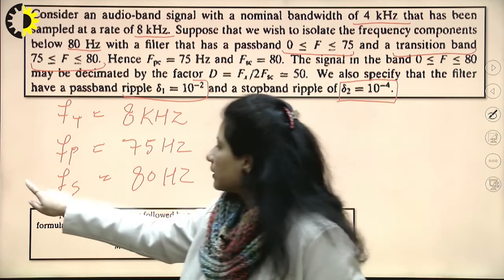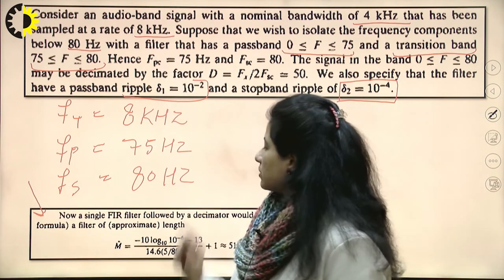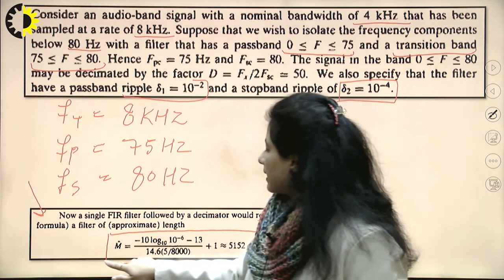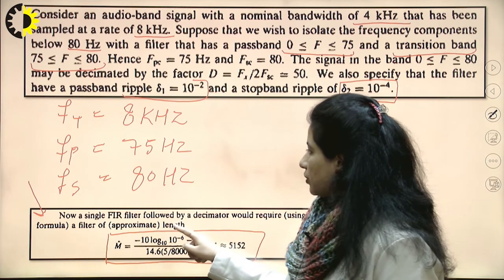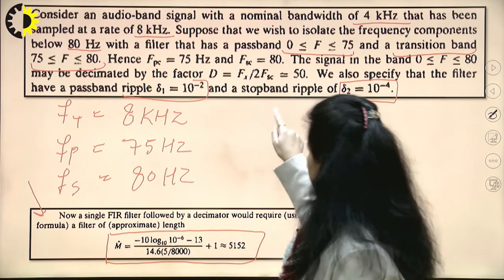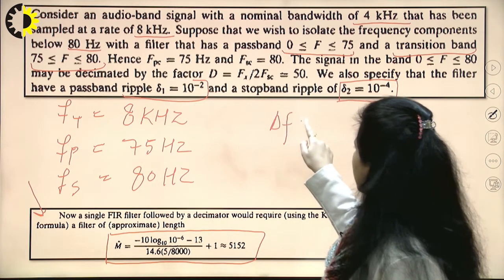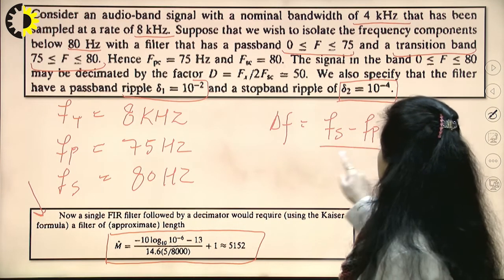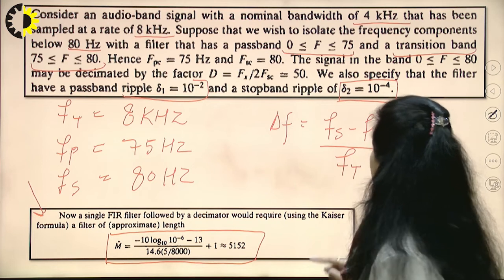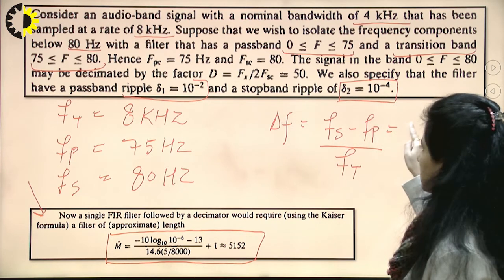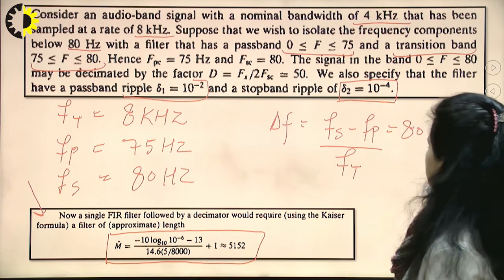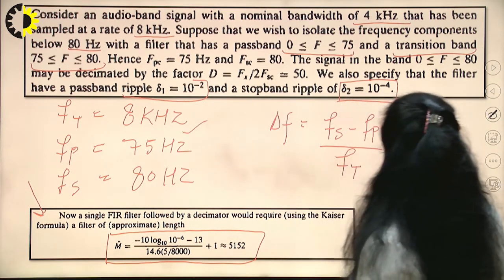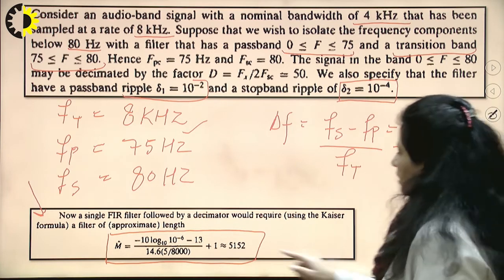First, we'll be calculating, using all the given values, the order of the filter for a single stage decimator. So I'll directly put into this formula. This delta F would be calculated as stopband frequency minus passband frequency over total frequency. So the stopband frequency is 80, passband is 75 and the total frequency which I am inputting here is 8000.